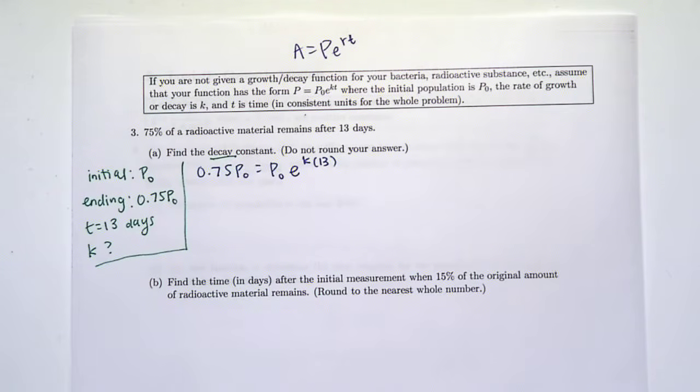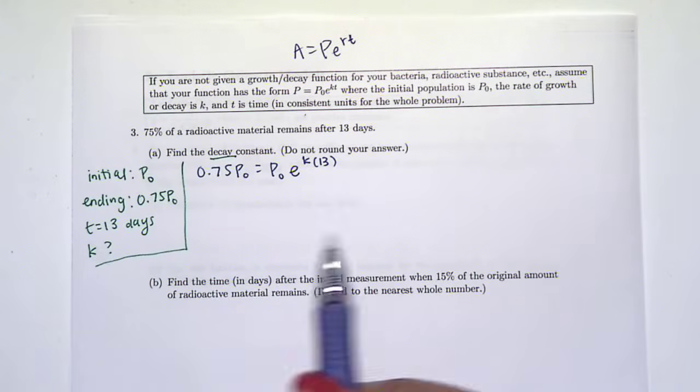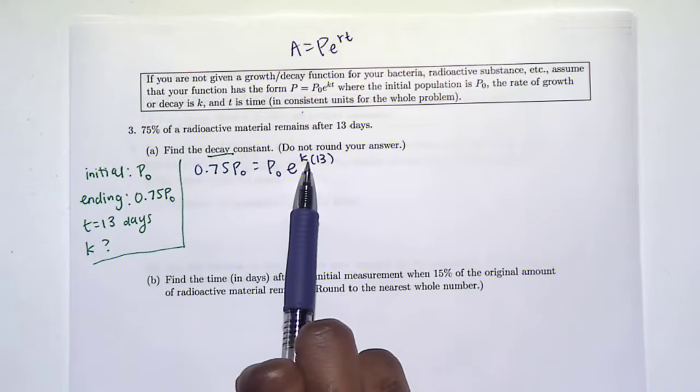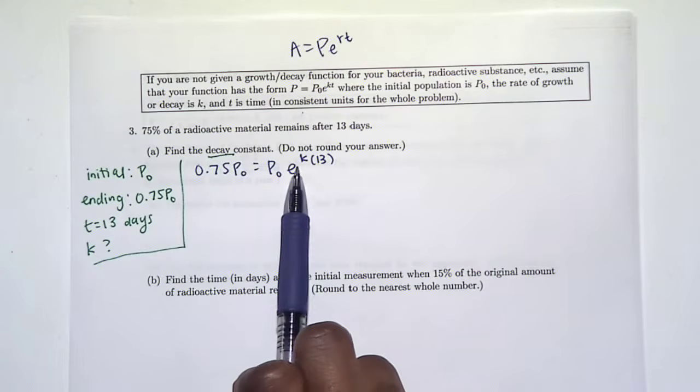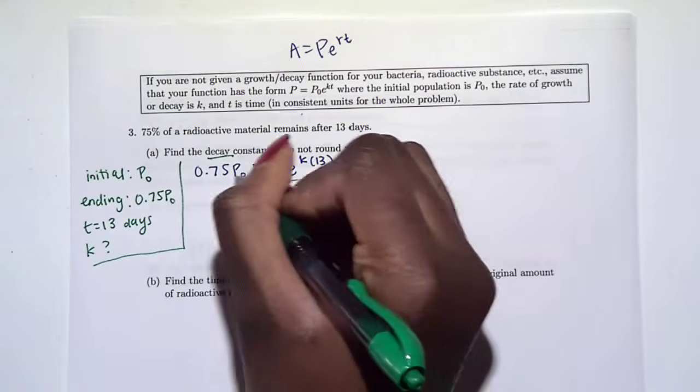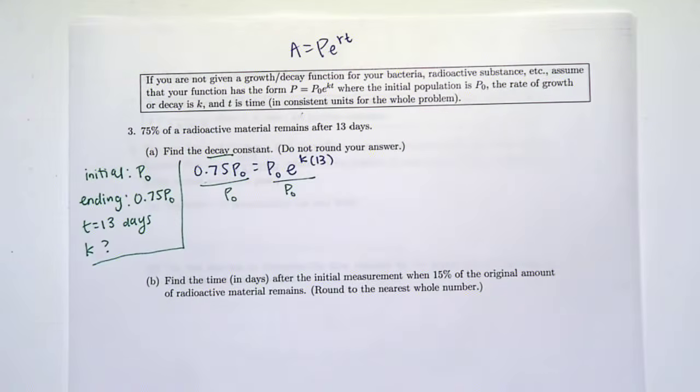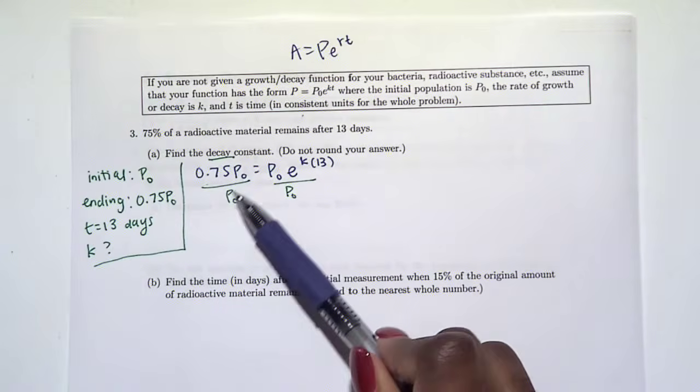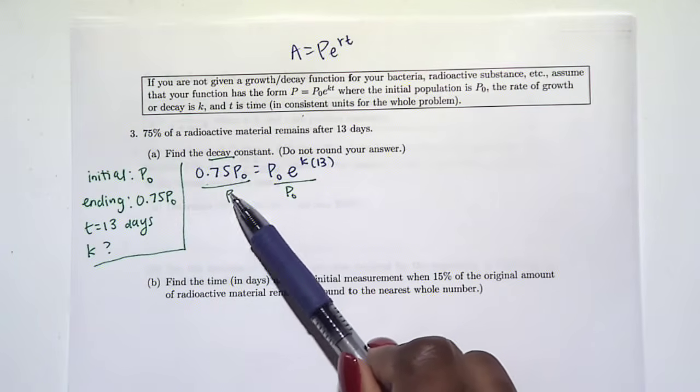Okay, so it looks as if we have more than one variable, but things are going to work out. Why? Because we're trying to solve for K, which is in the exponent. So that means we need to isolate this exponential part by dividing both sides by P naught. So actually, the initial amount didn't really matter at all.